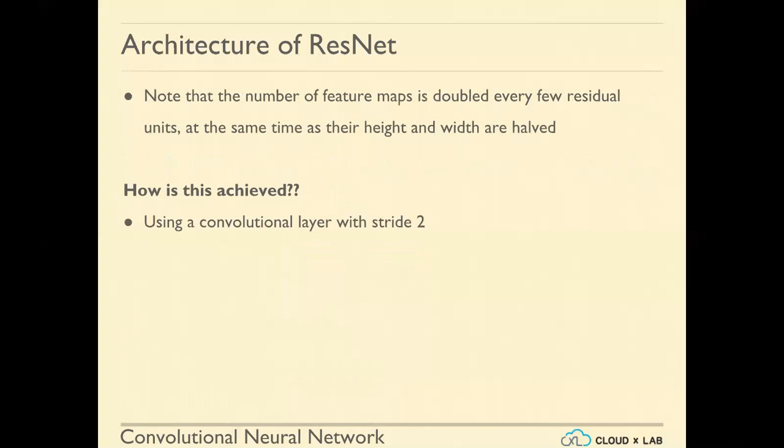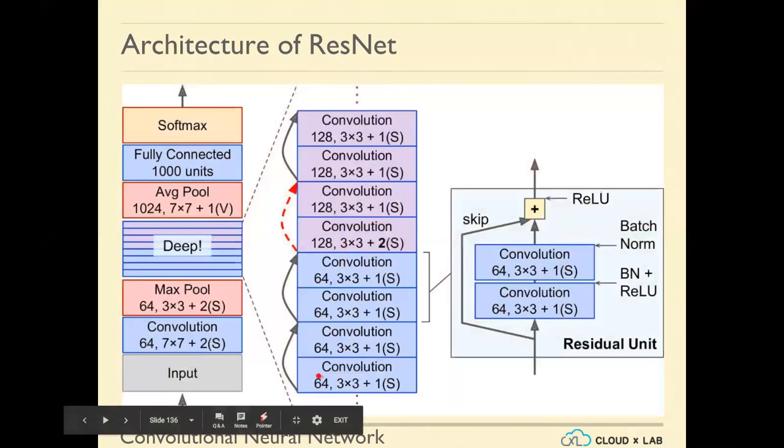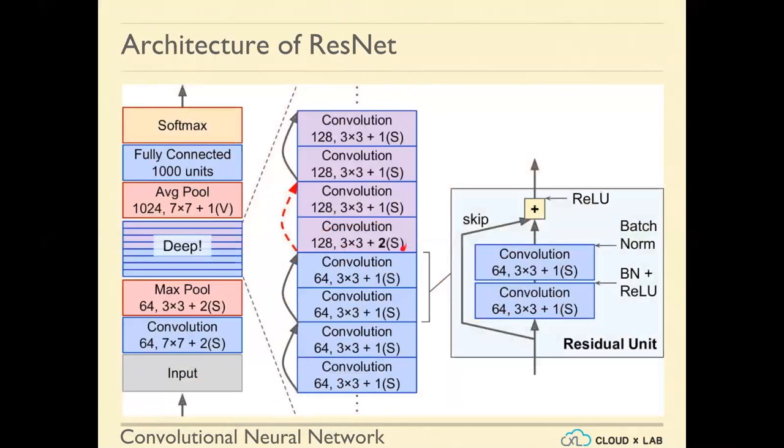Since the height is changing now, after every two residual units, we have a convolution layer that has a stride of 2, because of which the height and width of this one will become half.